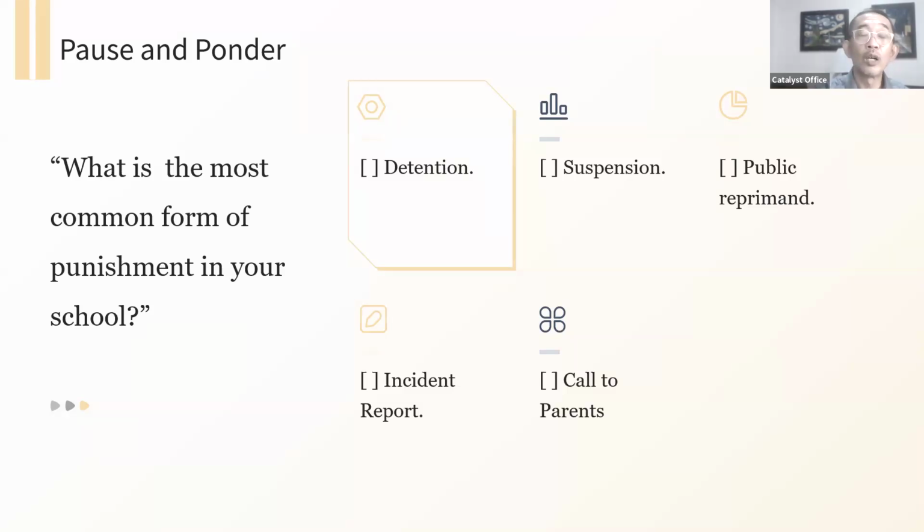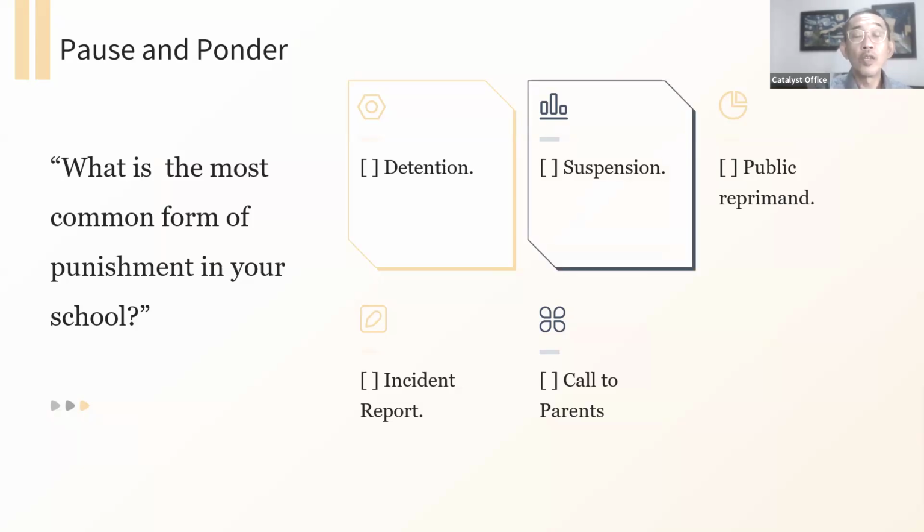That's a go-to consequence that teachers mete out to offending students. Is it suspension? Sometimes, when detention doesn't work anymore, the teacher resorts to suspension. Is it public reprimand? As in, wherever the student may be, whether in the classroom or in the hallway, you resort to a verbal reprimand.